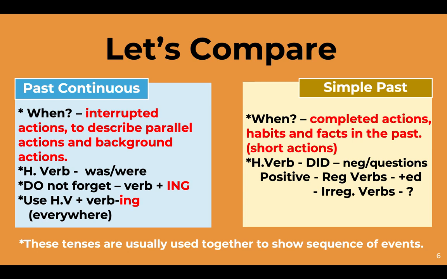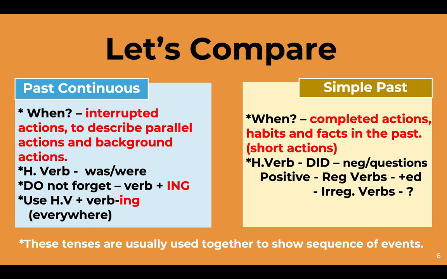So the helping verb that we need for the past continuous is was or were. For the simple past is did, but pay close attention here. We use did for questions and for negative sentences only.